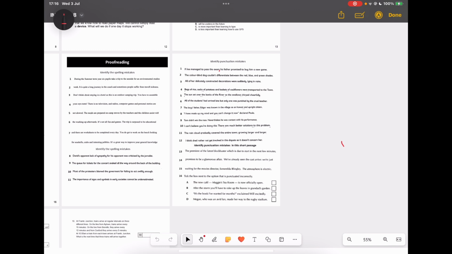Okay, this will be... So you could have a colon after between, because then you're listing. So the colourblind dog couldn't differentiate between the red.